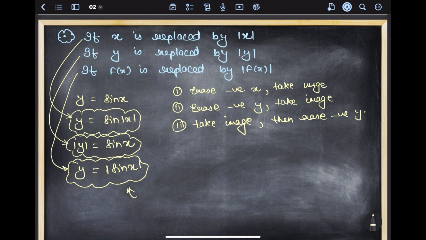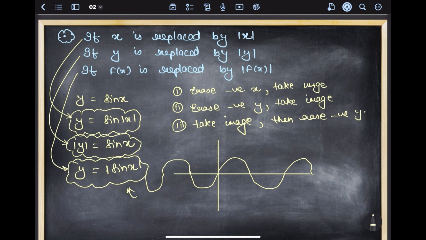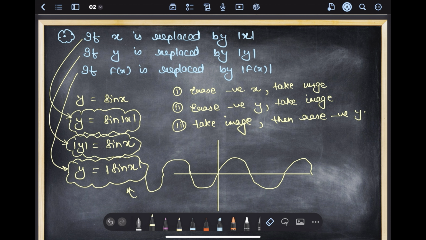Okay, look at this. I'll help you with some examples. So suppose that you have to draw a graph of sin x. So this is the graph of sin x. Correct? Now I'm asking you to draw a graph of sin mod x. So what we have to do is erase negative x. Means on this side you have to erase the negative x side.